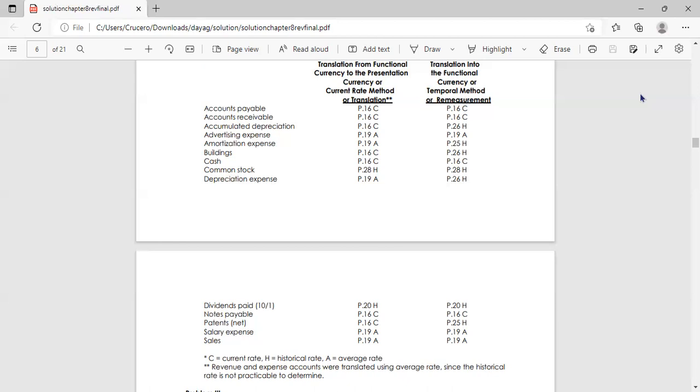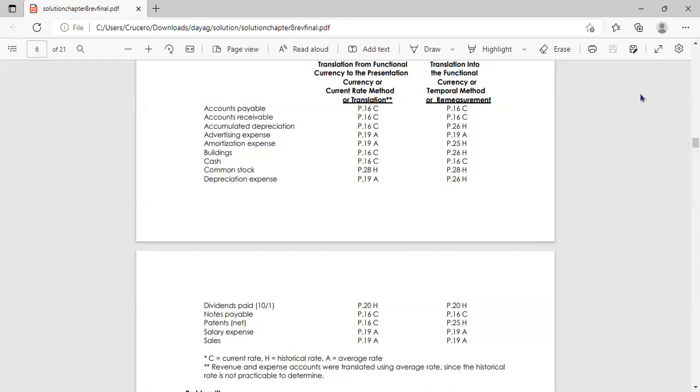However, for method number 2, we use the historical rate, the rate when the patents were acquired. So that was 0.25 in 20x3.